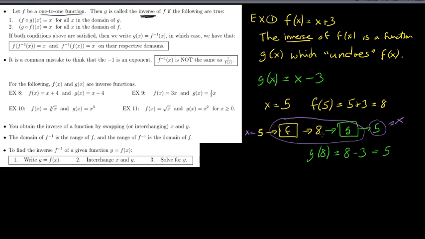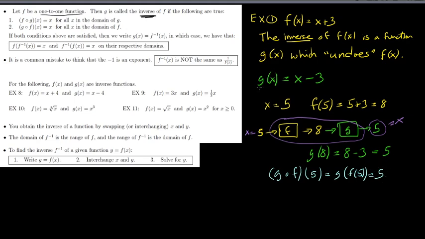You take 8, plug it into the inverse, and it spits out 5. So what we did here is a composition: we took g composed with f of the number 5, that's just g of f of 5, and we just got back 5.